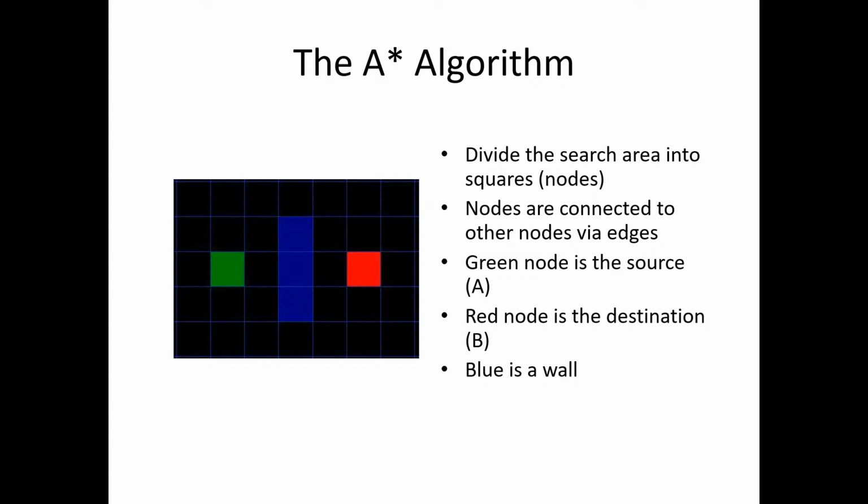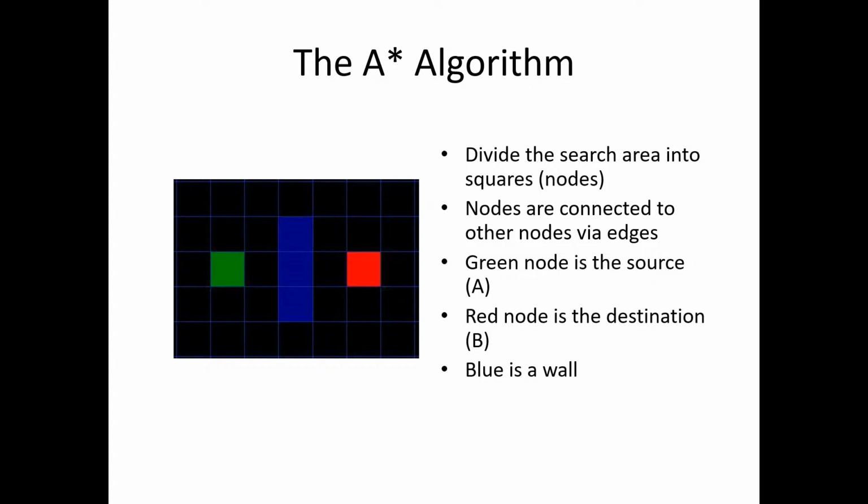So this is how the A-star algorithm works. Imagine the diagram on the left is the world that we want to navigate. In this example, the world is divided up into tiles. Each tile is a node in a graph, and in this navigation graph we assume you can traverse from one node to all the adjacent nodes.